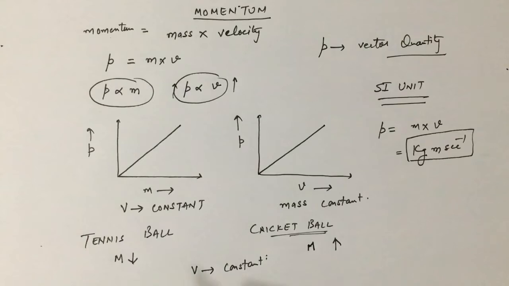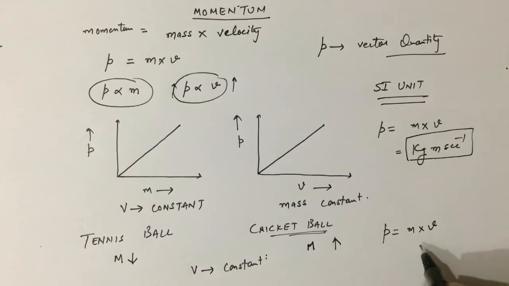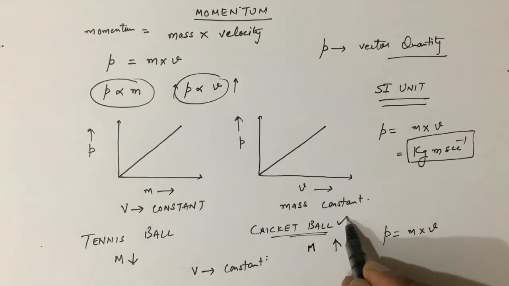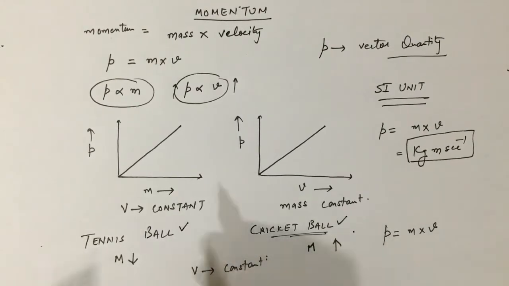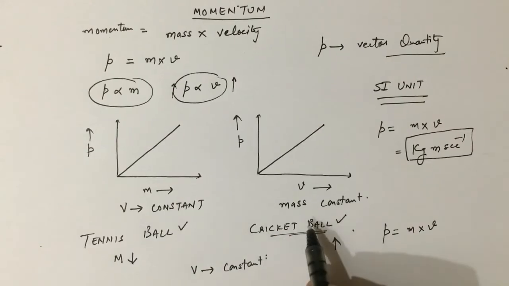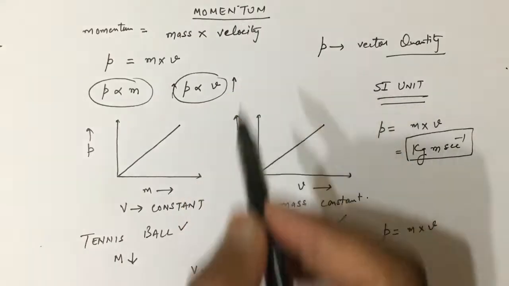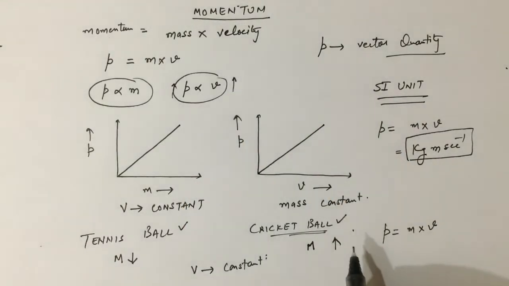By the formula momentum equals mass into velocity, the momentum of the cricket ball is greater as compared to the tennis ball. So we need more force to stop a cricket ball as compared to the tennis ball. So we can say the momentum is actually the quantity of motion of an object. Clear?